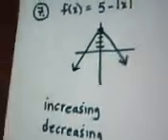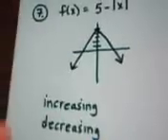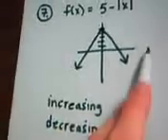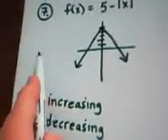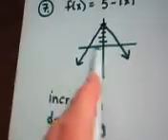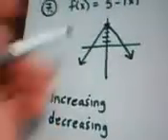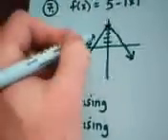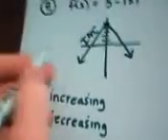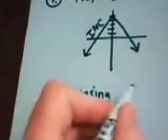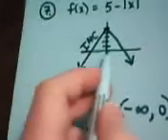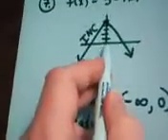Now, remember, increasing and decreasing involves a scan from left to right. As I come from negative infinity to 0, I notice that the graph is increasing. It's on the upswing. That's from negative infinity to 0. As I walk along the x-axis from 0 to positive infinity, my graph is dropping.